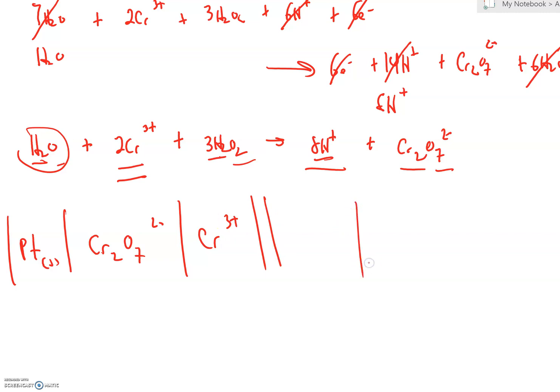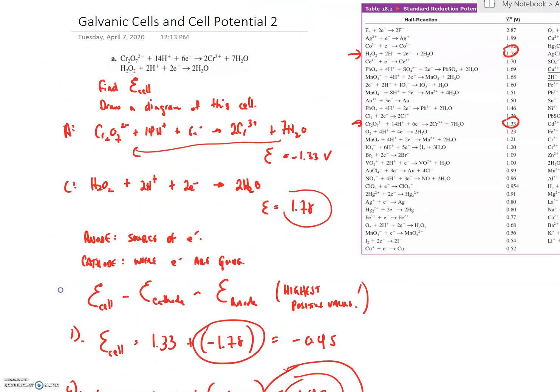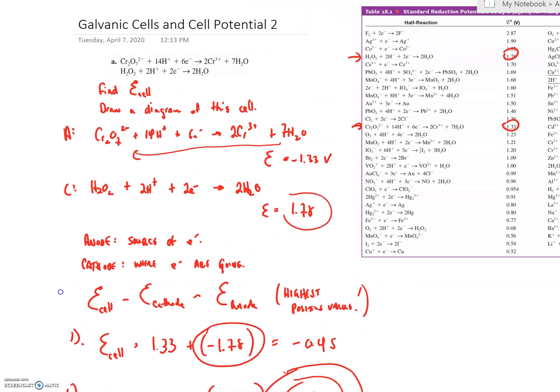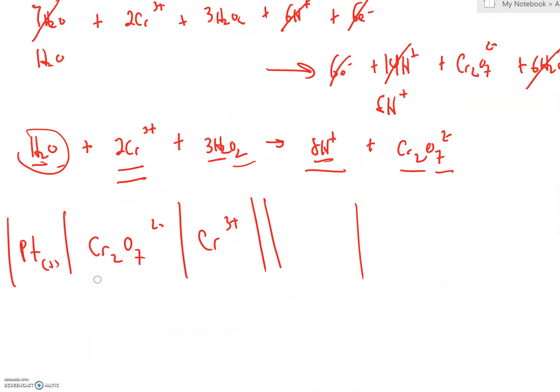On the other side, we'll simply have our water. Doesn't really make too much sense, but this is going to be our cathode, which we have proven is where the electrons are going: our hydrogen peroxide, H2O2. They're both in solution, so we don't need to write that, but we'll include our H plus over there just to give it something to bounce off of, and we'll make our electrode platinum.